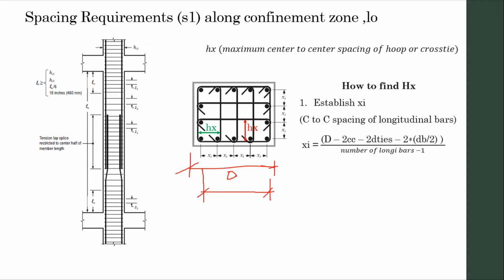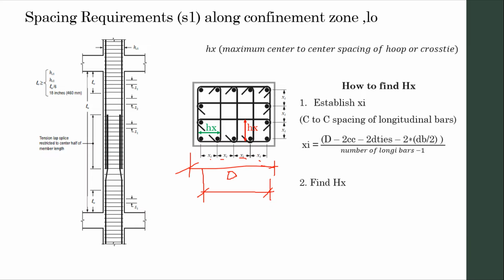Then, divided by the number of longitudinal bars minus 1. So, for example, this is 1, 2, 3, 4, 5 minus 1. So, 4. So you have 4 xi here. So, you can establish xi.